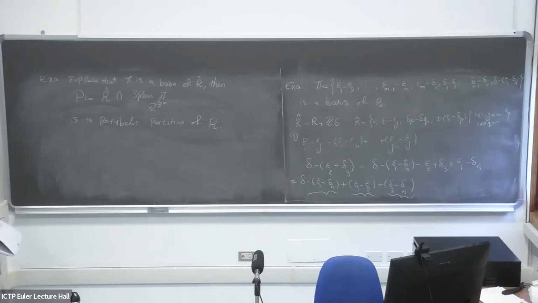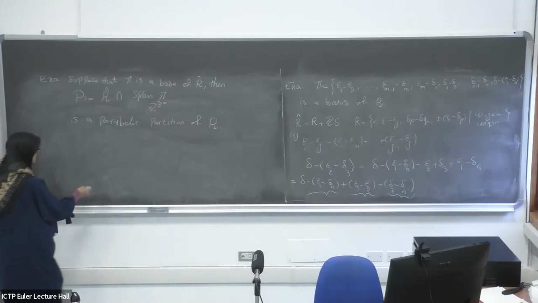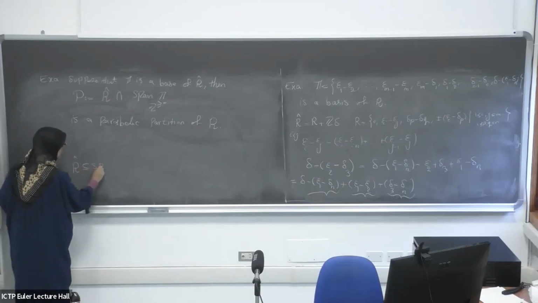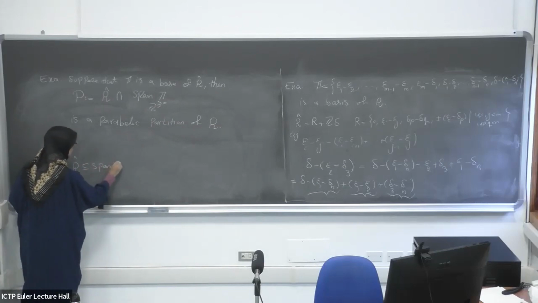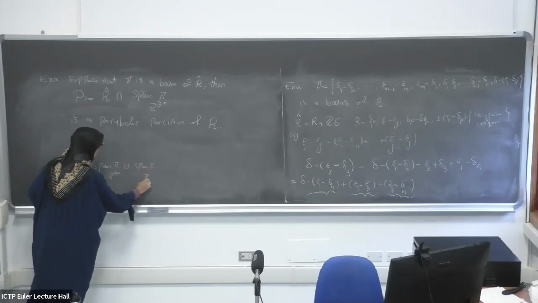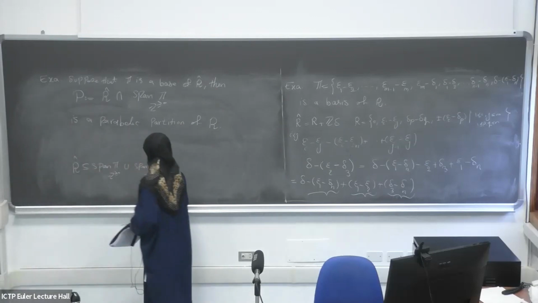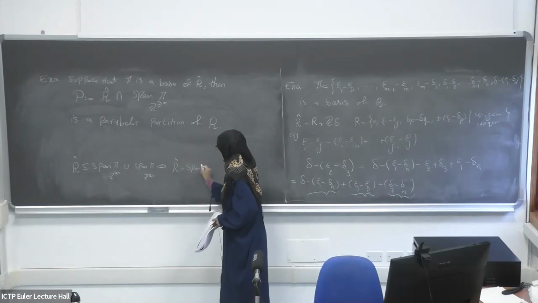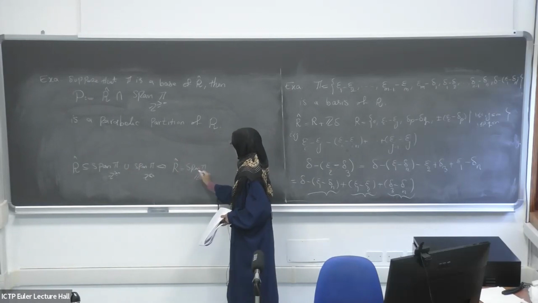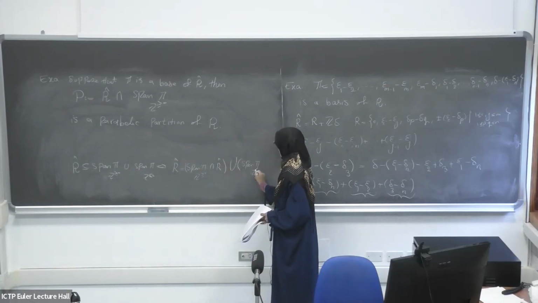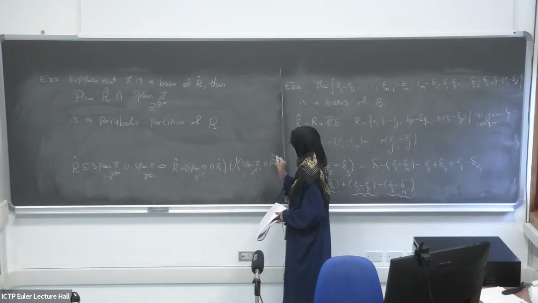And it is clear, right? Because we have R hat is a subset of span pi union minus span pi. So it implies that R hat equals span pi intersection R hat union minus span pi intersection R hat.